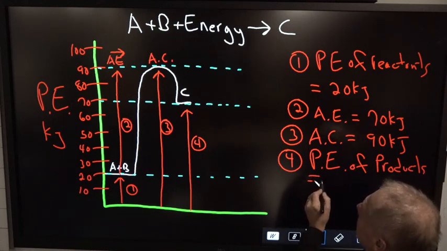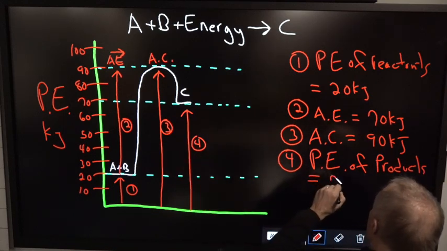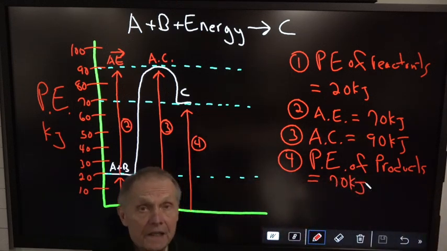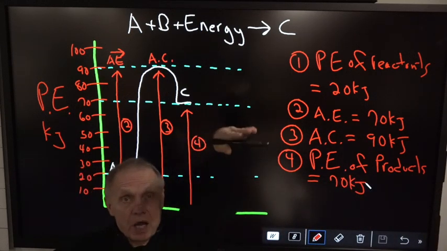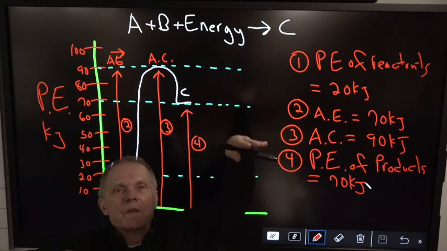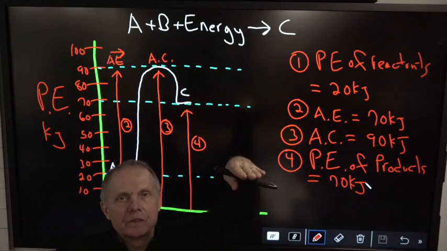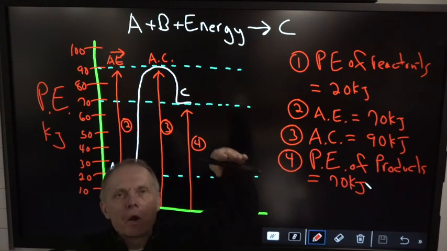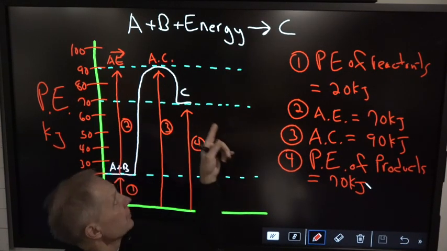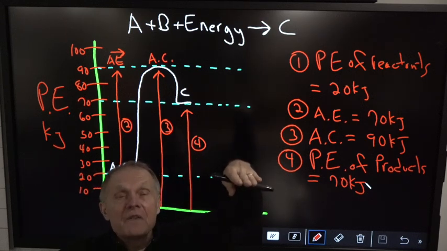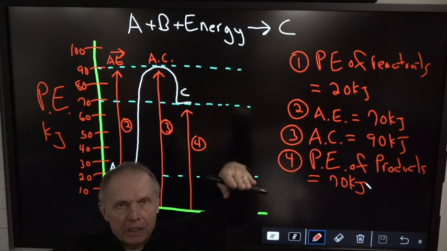And that equals 70 kilojoules. And like we said, if the products are higher than the reactants, that means you put more energy in than you got out. All right? That's an endothermic reaction. And since the products are so high, they have a lot of energy, that would be maximum enthalpy.